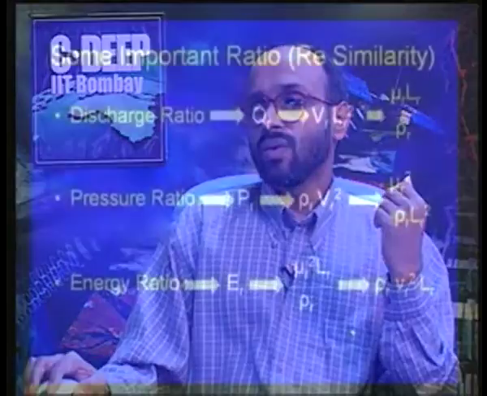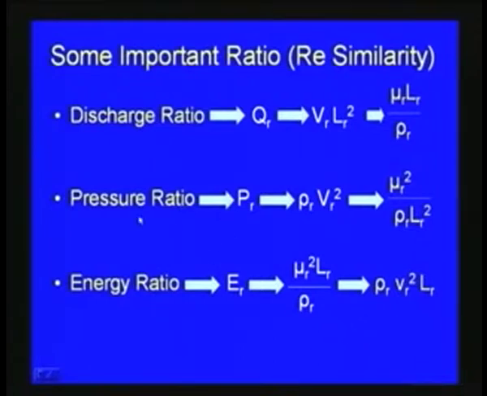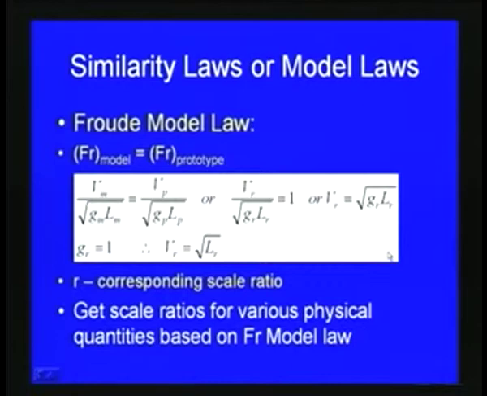Here only a few parameters are listed, but in a very similar way other parameters can also be derived and expressed as ratios with respect to the Reynolds similarity.